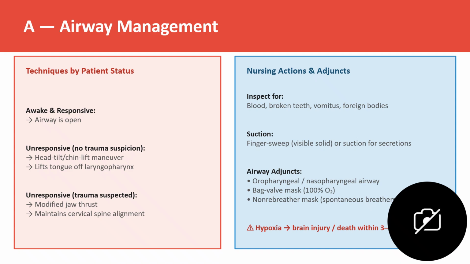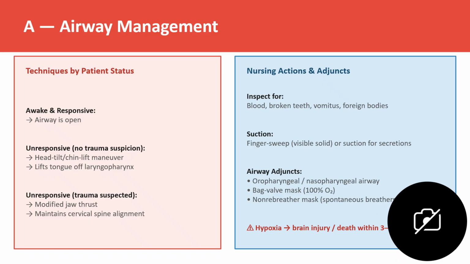This lifts the tongue off the laryngopharynx and opens the airway. If trauma is suspected, we instead use the modified jaw thrust, which maintains cervical spine alignment while opening the airway. Nursing actions include inspecting for blood, broken teeth, vomit, or any foreign bodies in the mouth, and we suction as needed.